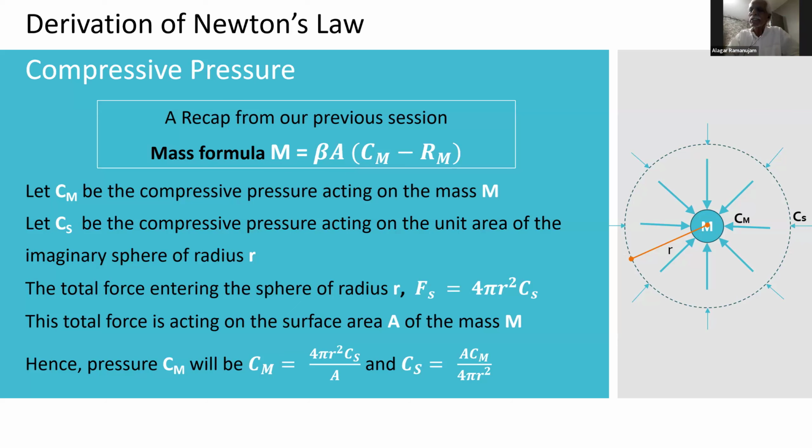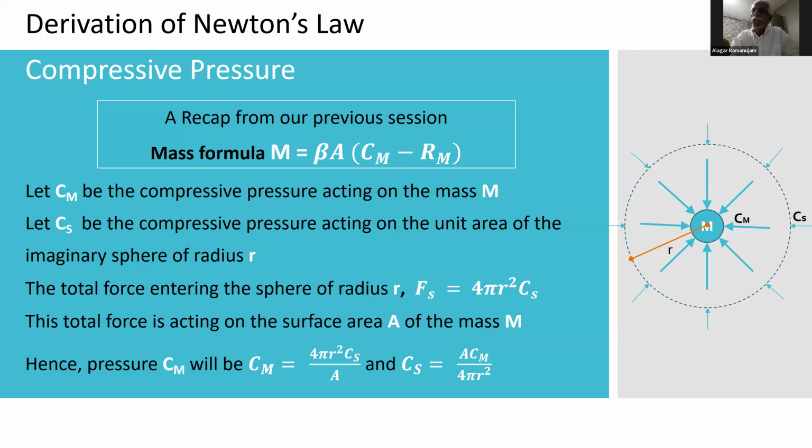Let us say Cs. What will be the value of Cs, the pressure on the outer sphere? The total force entering the sphere is A into Cm. Whatever enters there comes to the mass. So on the mass we have ACm, and this total force is coming through the sphere.